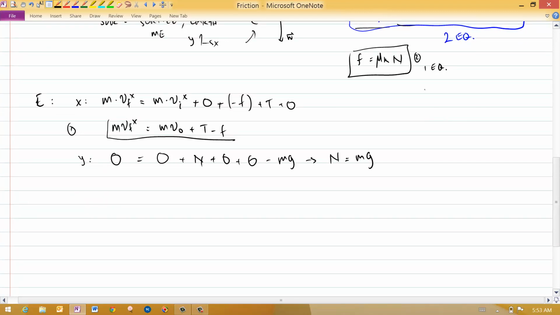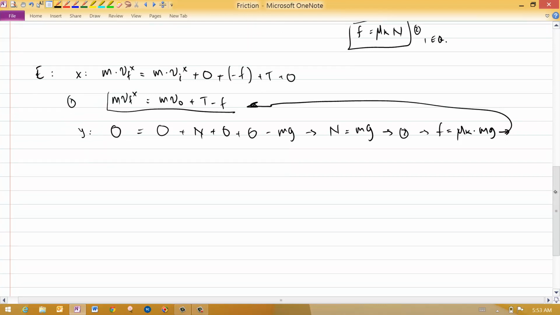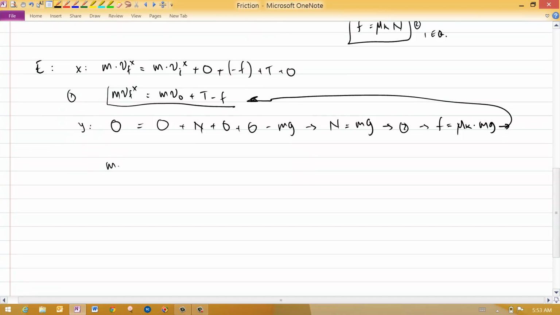I'll put this into equation number 2, and that tells me that the friction force is mu k times mg. Now I'll put this back up into the x component. So I get m v final x, which is the thing we're looking for, is equal to m v0, plus delta t times T minus mu k mg, all times delta t. And there's the answer we're getting.